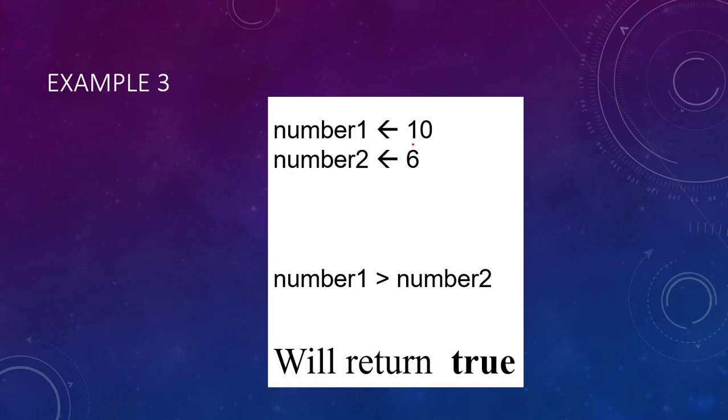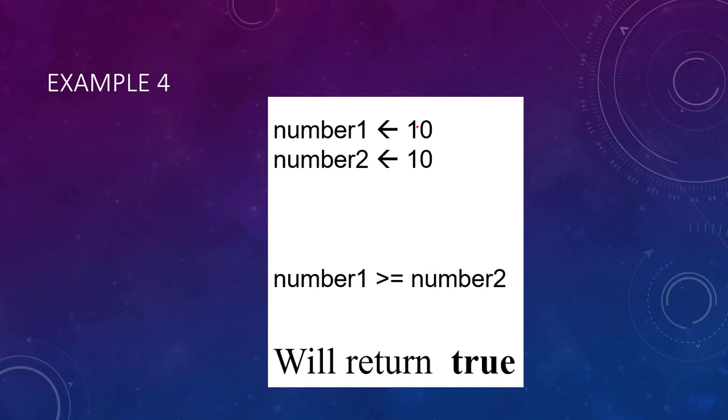Number 1 is 10, number 2 is 6. In this case, we do 10 greater than 6. The answer is yes, therefore it will return true. So all statements, especially relational expressions, will return a value true or false.